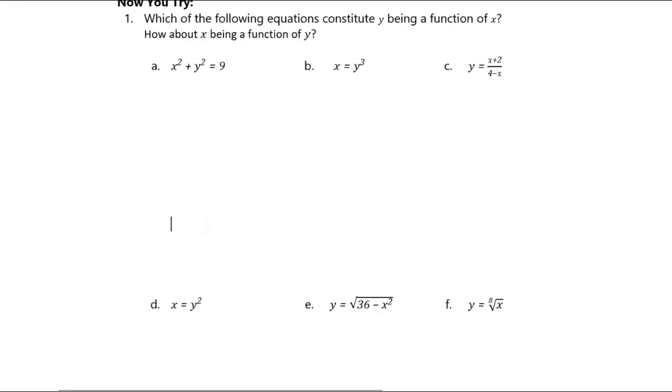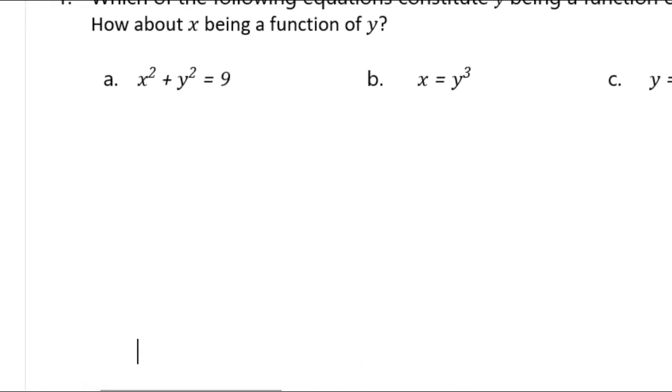So let's jump in to part A here, where we have x squared plus y squared equals 9. And let's just think, if x equals 1 as an input, is that what I really want to choose? So let's just choose x as 0. It'll be easier.